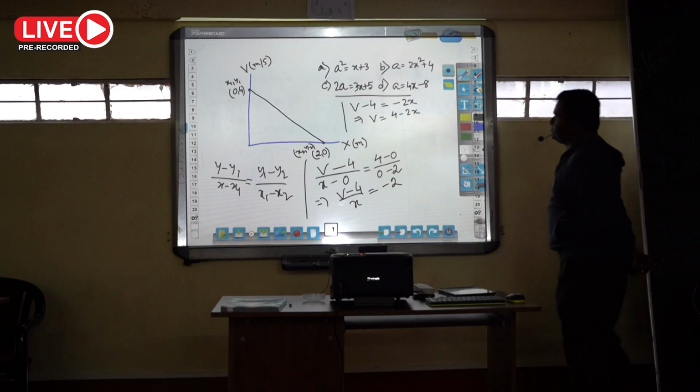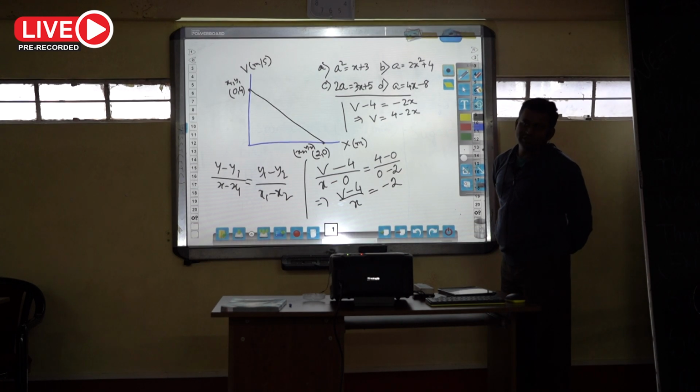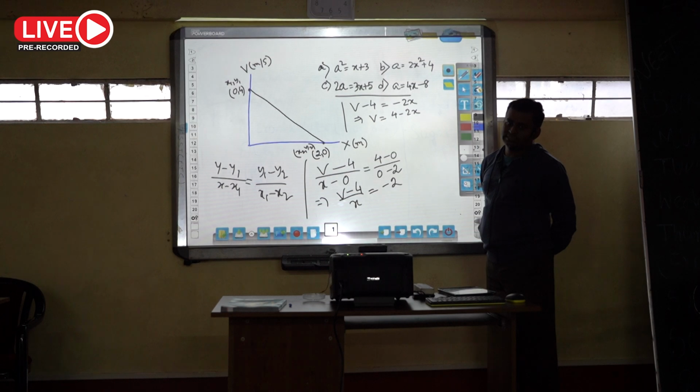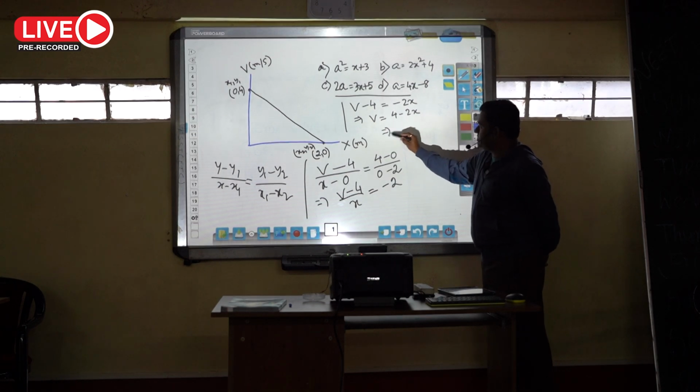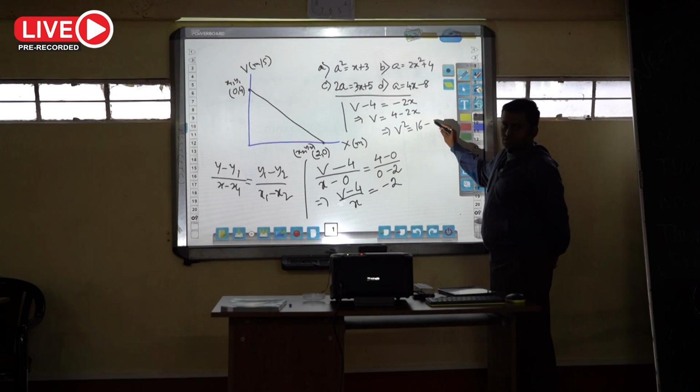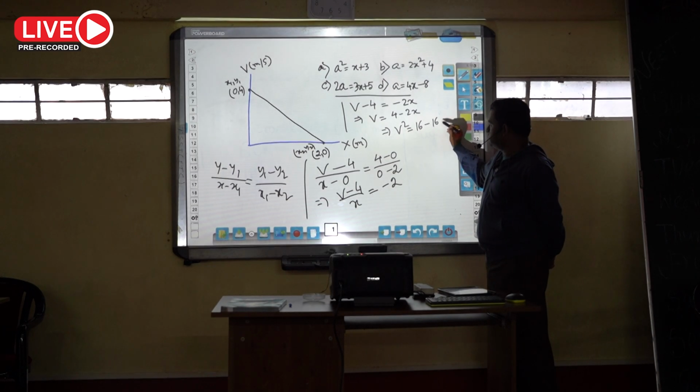Okay, then what should we do? Just take a square of both sides. It will be v square equal to 16 minus 2ab term, 2 into 4 into 2x, that is 16x plus 4x square.